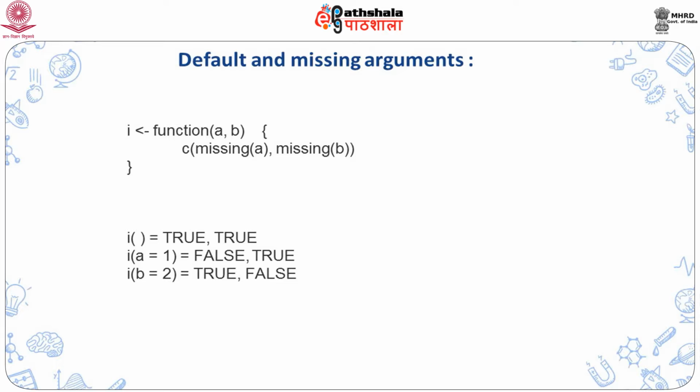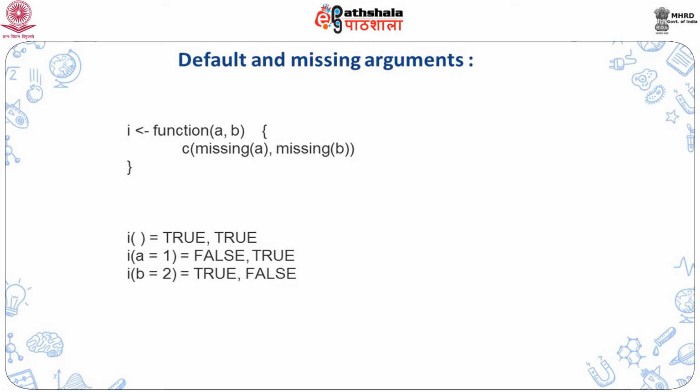Instead, as you can expect, if you write f(a = 1), a is there but b is missing, so missing(a) is FALSE, so we have FALSE in the first place, and missing(b) is TRUE because there is no b, so we have TRUE here. Exactly the same thing happens for f(b = 2) as well.